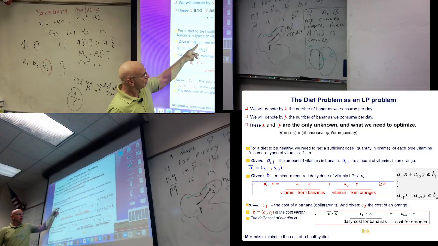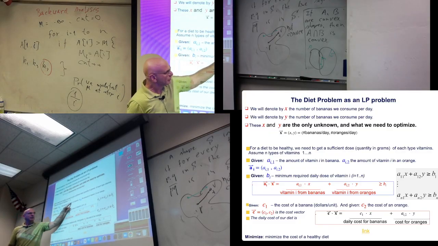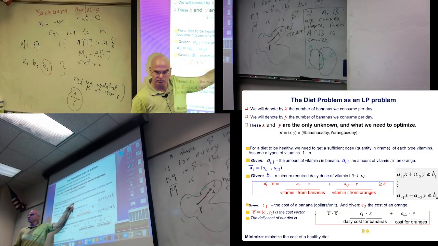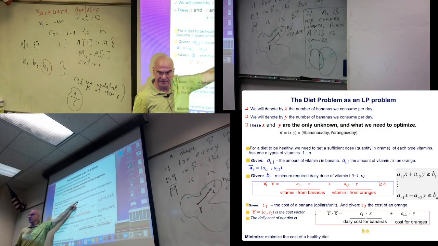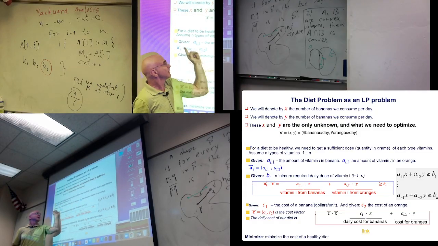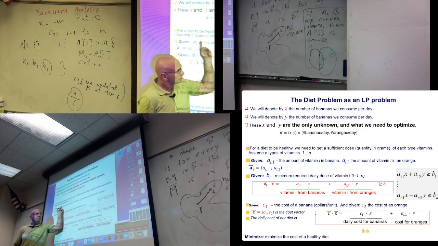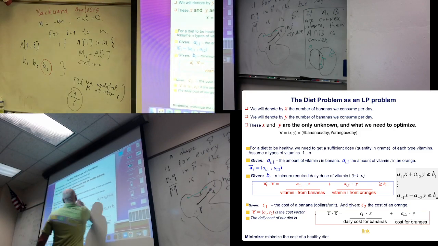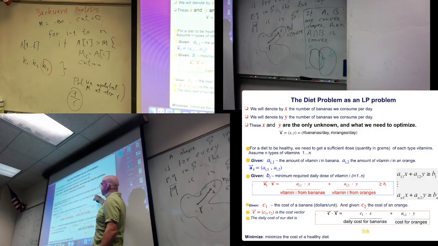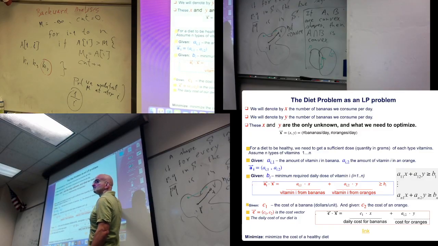A_i1 is how many units of vitamin i, A, B, C, D, i equal 1, 2, 3, 4, there are in a single banana. That's what the constant A_i1 tells me. A_i2 tells me how many units of vitamin i there are in an orange.